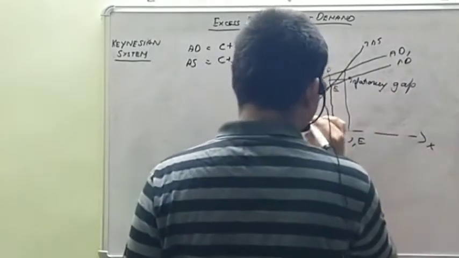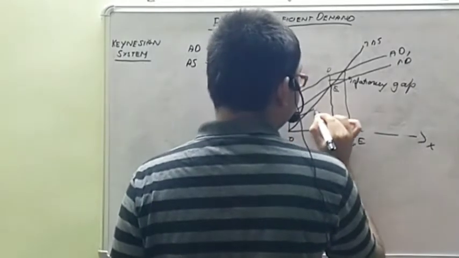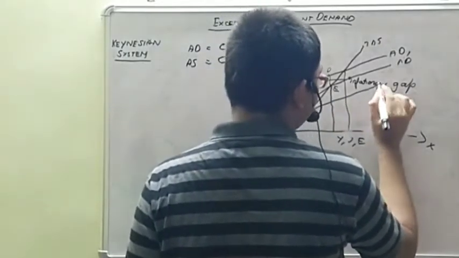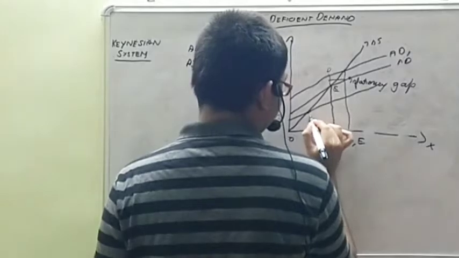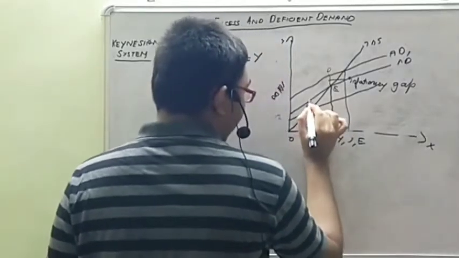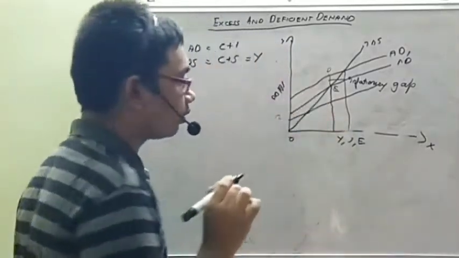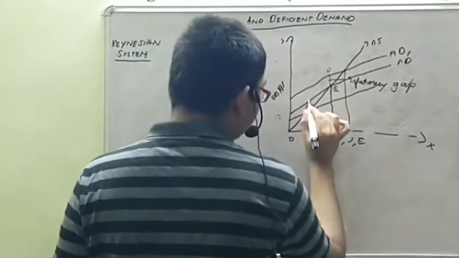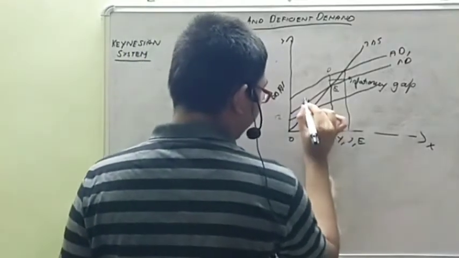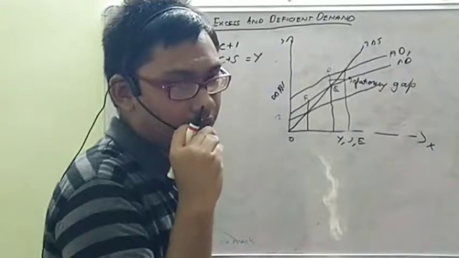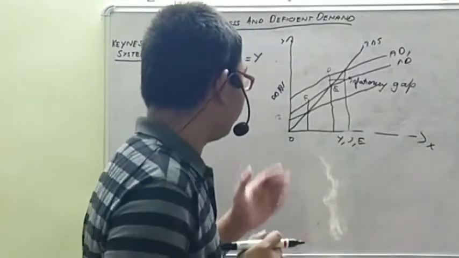And let's say that AD is meeting AS somewhere below full employment equilibrium. At this point, here also there will be one level of aggregate demand at the full employment level of income.